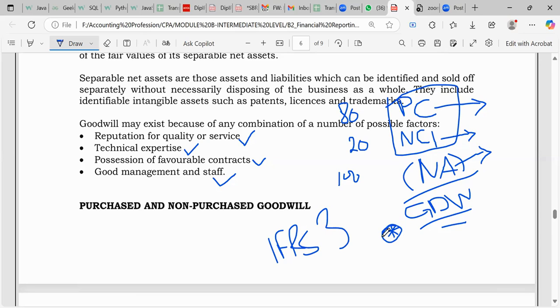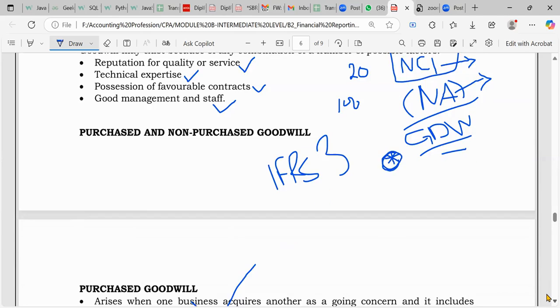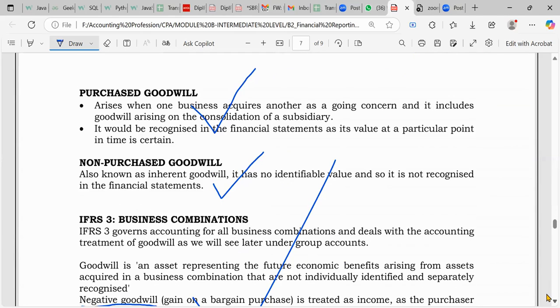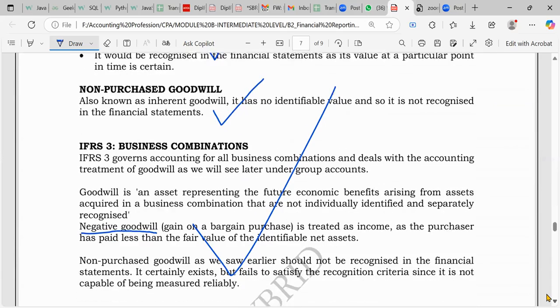It wasn't in the books, but you have acquired something. But in case you have a negative figure here, we usually recompute to know whether it's fine or not. After confirming it is fine, we say that's a gain on bargain purchase. That we purchased something worth much more than what we paid for. That is called negative goodwill, which is a gain, and that gain goes to the income statement.